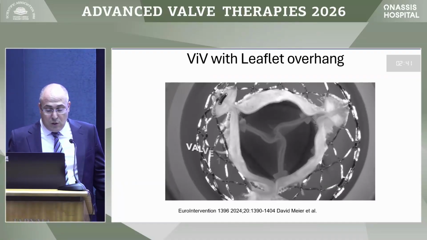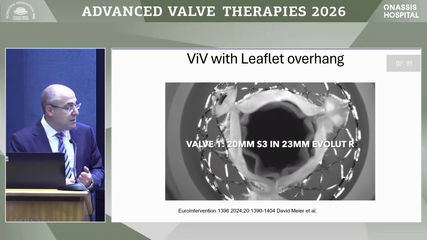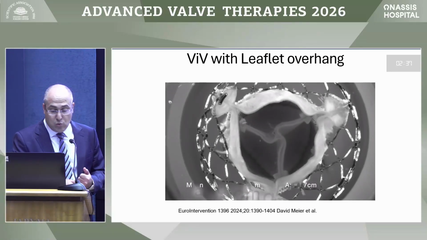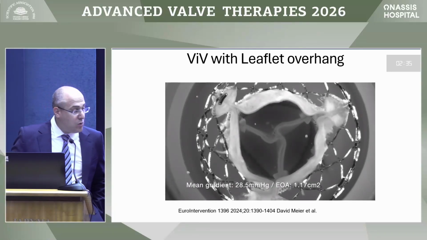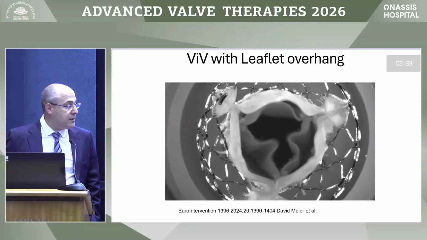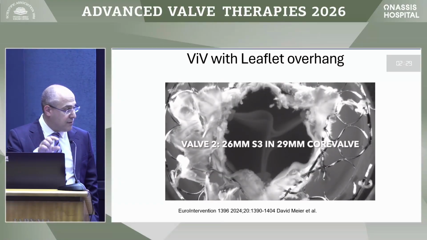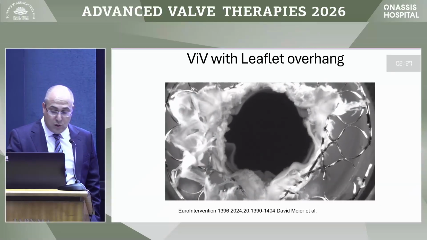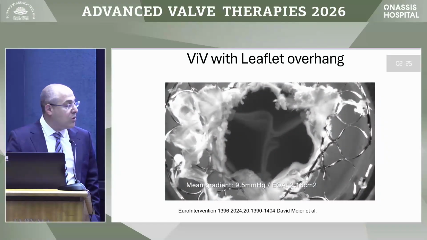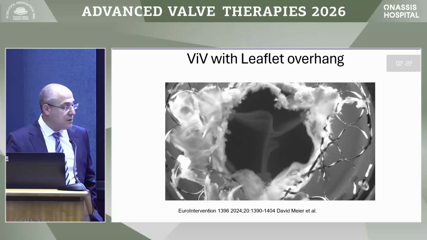What should we do? Maybe in some cases we should do a low implantation of TAV in TAV, like put a Sapien or MyVal very low in the failed Evolut with a lot of leaflet overhang, knowing that we are not going to deflect the leaflets a lot.